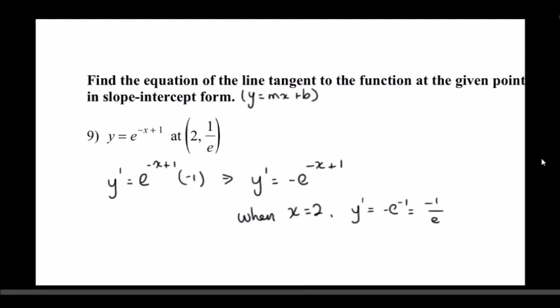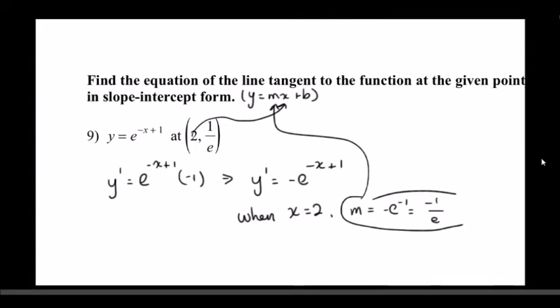So I'm going to call this, rather than y prime, slope m equals negative 1 over e. So that's what's going to go here for m. And remember, our x value can go there, our y value can go there, so that we can find the y-intercept, the b value.